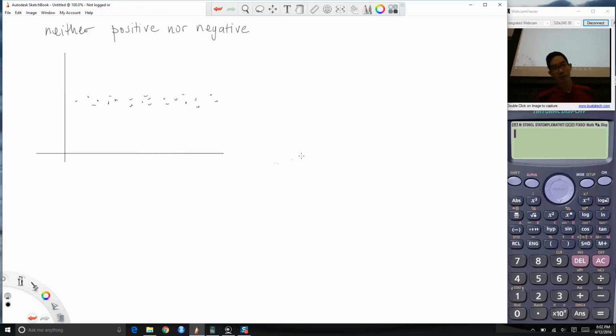X could be the number of pizza slices eaten during the week, and then y could be the number of hours of sleep during the week.